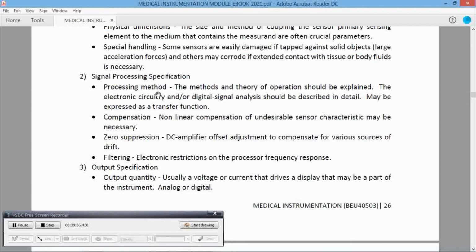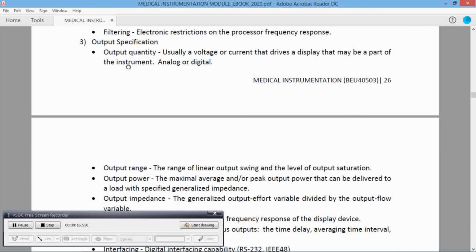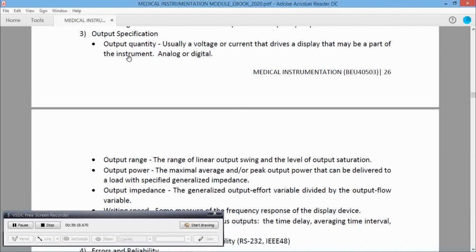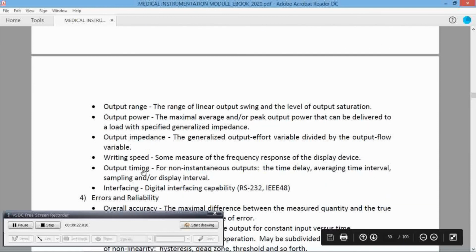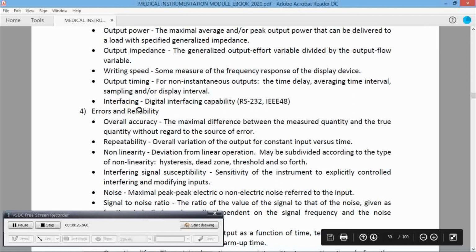And then another point that they focus on is also the signal processing specification, output specification. So you need to know the output specification: output quantity, range, power, impedance, writing speed, timing, and also interfacing, so the types of digital interfacing capabilities.